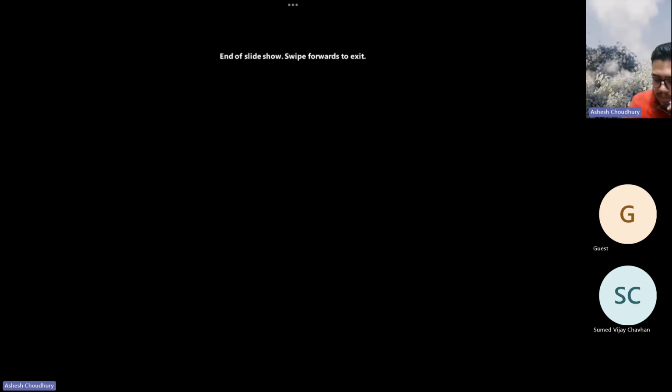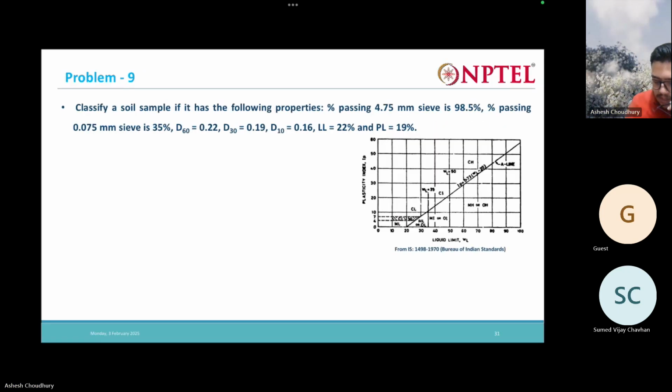But here the percent finer is only 35%. It should be greater than 50%. So it's not a fine soil. It's a coarse soil. And definitely it is a sand because 98.5% is passing through 4.75 mm.